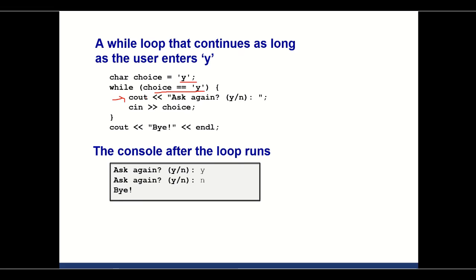Then you are outputting a prompt, y or n, and you are reading from the keyboard the choice you are making. If you write n, then the while loop will be terminated and you reach here. But if you write y, then it will keep on moving.